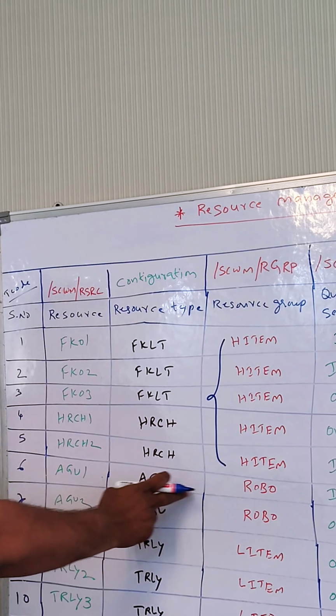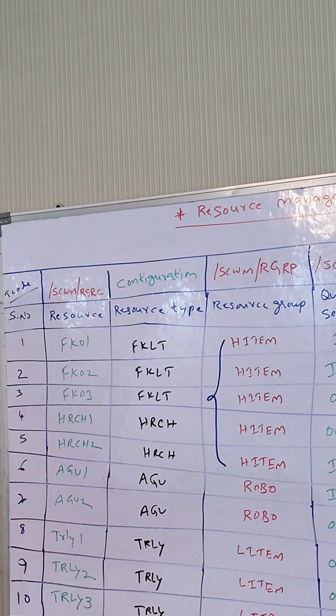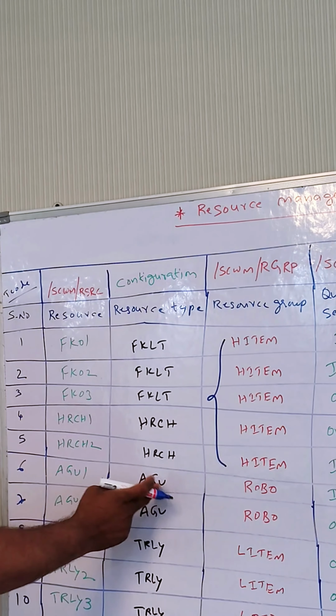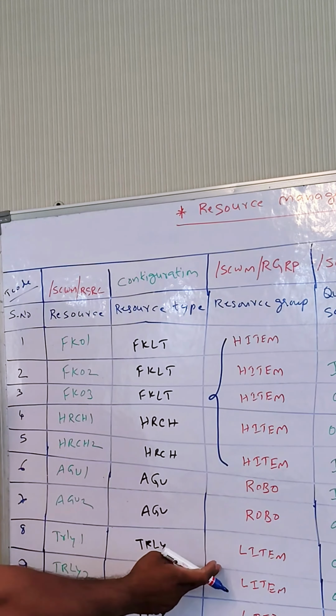Then robot is a separate resource group, which is going to link with your automated guided vehicles and trolleys. Trolleys will always be used for low weight items, like less than 20 kgs, less than 25 kgs. So it can be handled by human resources, mainly on the picking side, the replenishment side, in internal movements, and on the put away side.